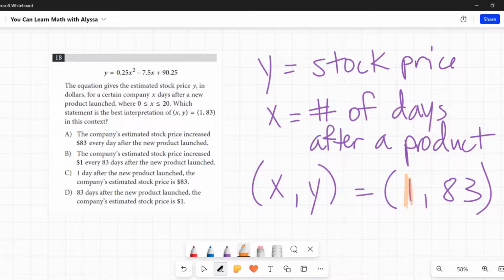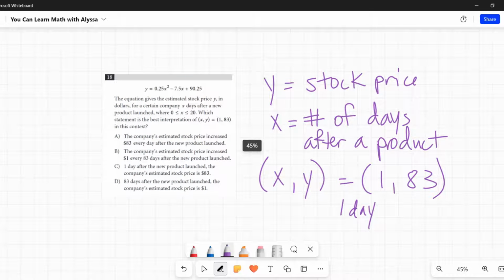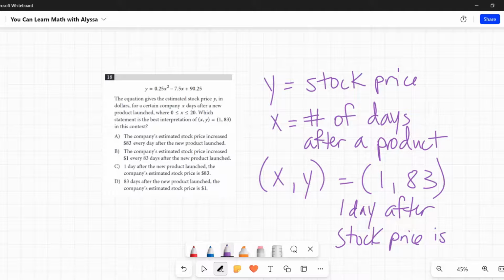So this is my X value. So 1 day after the product was released, Y was 83. Well, what was Y? We're told Y is the stock price. So 1 day after the product released, the stock price is $83. So that's what I think it means.